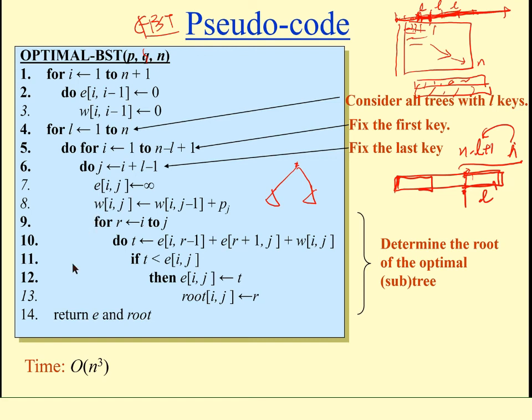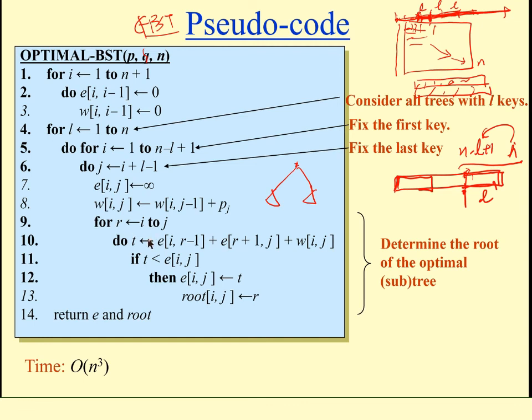So next, we just loop over all the possible roots. R can be any value from i to j. So we decided the subsequence is i to j, this subtree, right? And then once we decided R, we can use that equation.